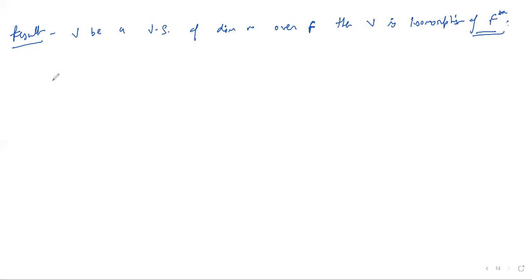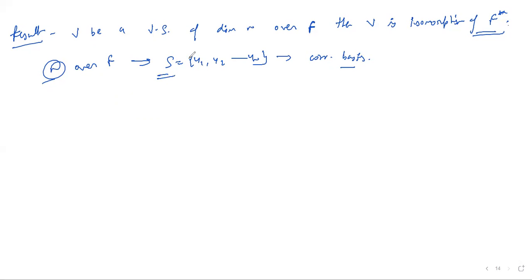We are saying that V is a vector space of dimension n over the field F, and this vector space V has some basis. Let's say the basis of V is u1, u2 to un. This set S is the corresponding basis of this vector space V.